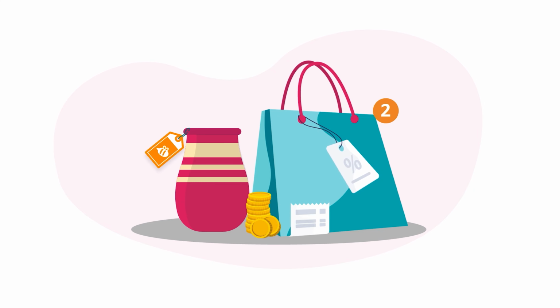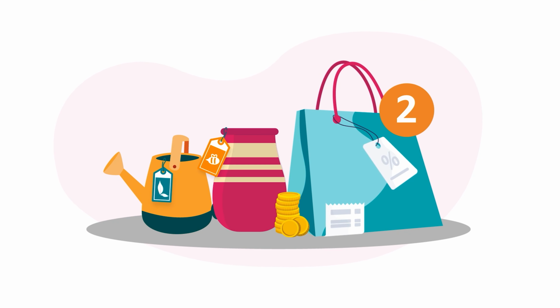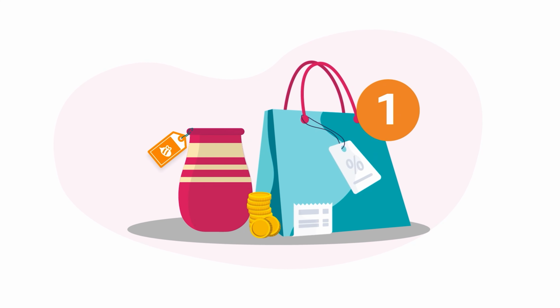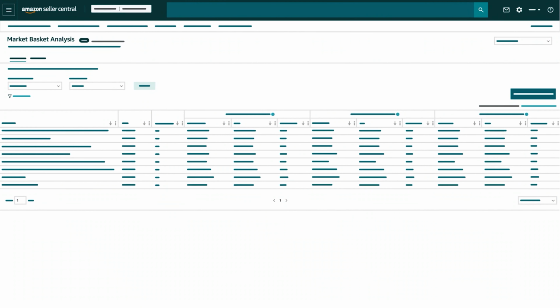It was purchased 2 times with the third product in the report, which is a watering can that isn't part of your brand. And it was purchased 1 time with a garden hose not shown in the report. In this scenario, the combination percent for the top 3 products shown in the report would be 40%, 30%, and 20%.